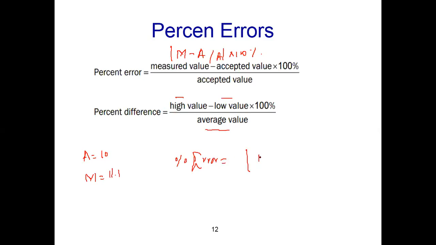The measured value 11.1 minus the actual value 10, divided by the same actual value, multiplied by 100%. 11.1 minus 10 equals 1.1, multiplied by 100 and divided by 10 equals 11%. So the percentage error is 11%. Great, excellent.